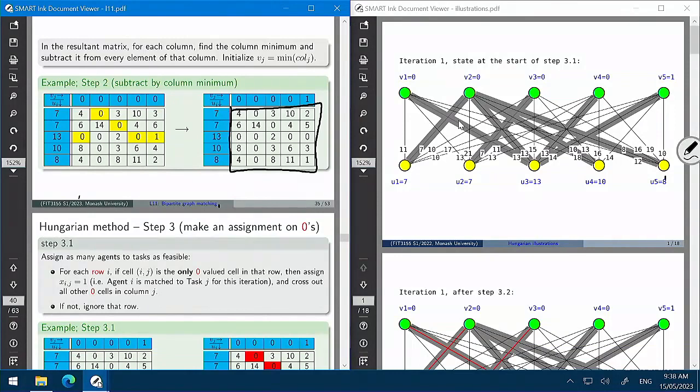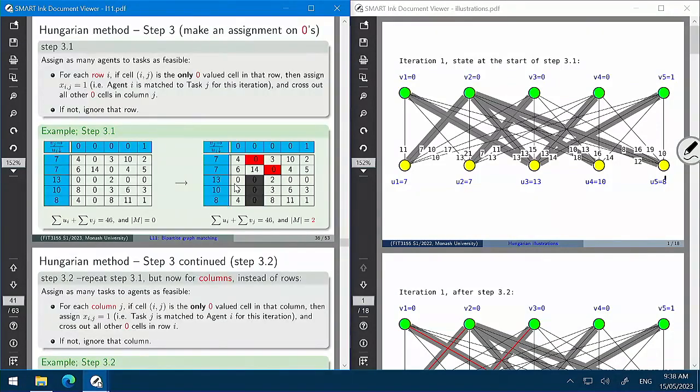Here, all the augmenting will happen on the equality graph while you're solving the min cost problem on the original bipartite graph. Which is the same as saying that you're picking assignments on zeros rather than on the non-zero cells.